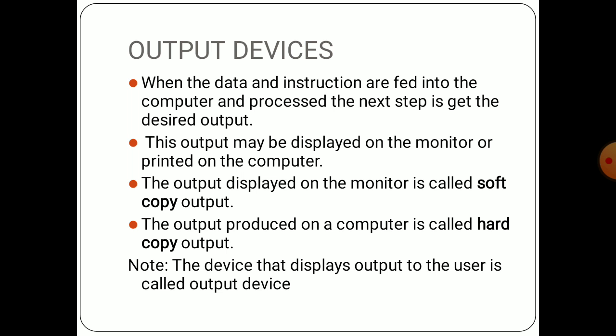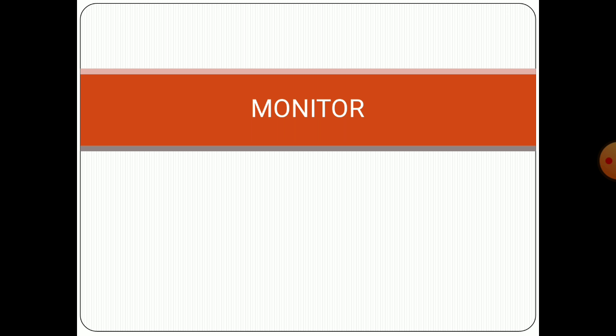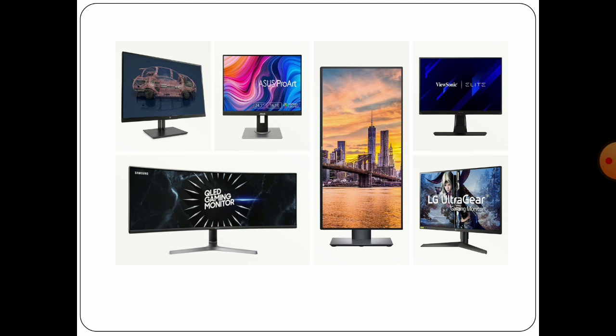The first output device we studied is the monitor. The monitor is the most commonly used output device. When you want to display any content on your monitor screen, we use the monitor as an output device. These are the different monitors, and based on the purpose and where you are using them, the structure of the monitors changes.